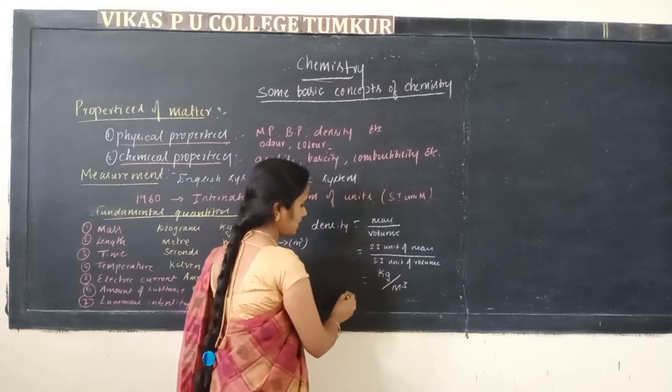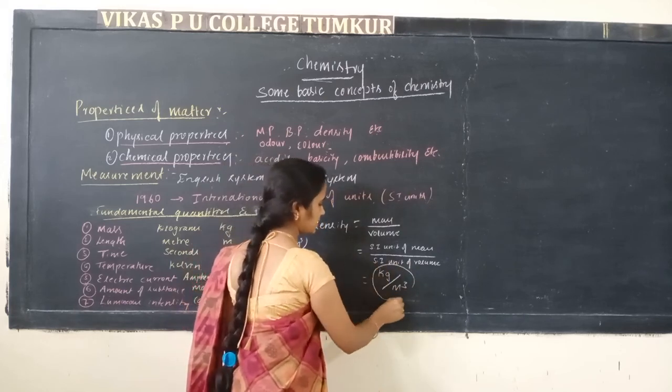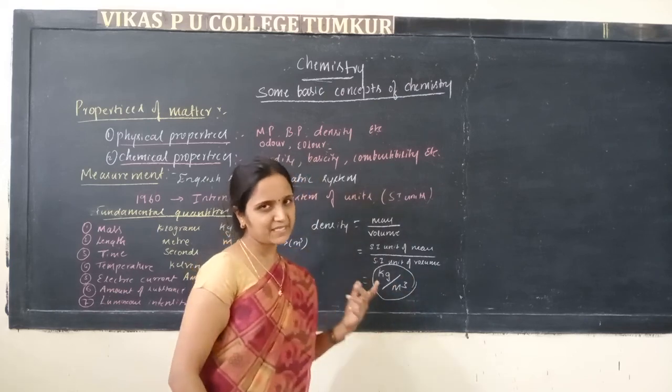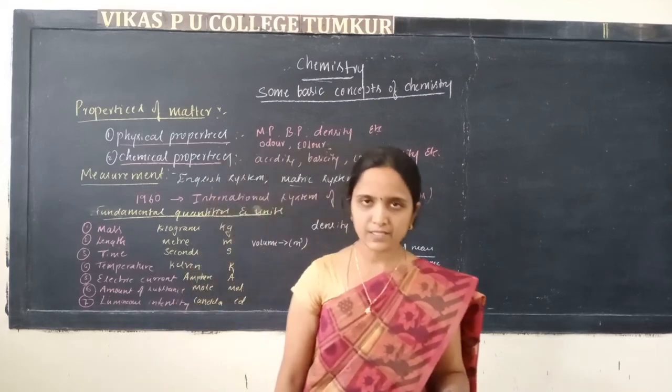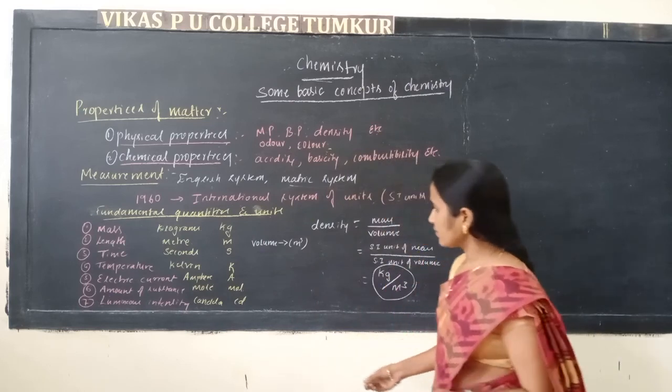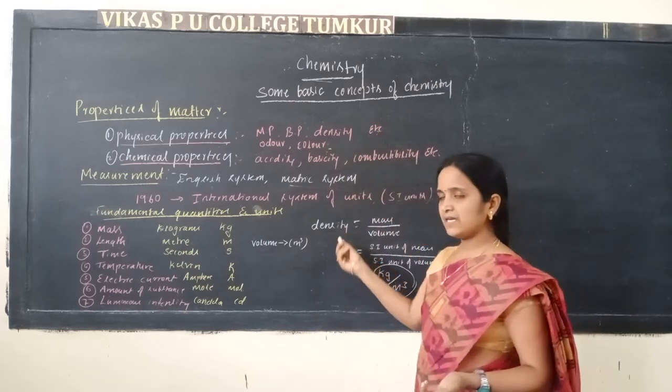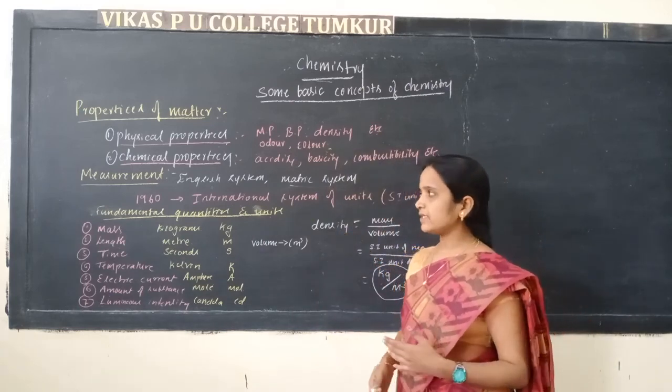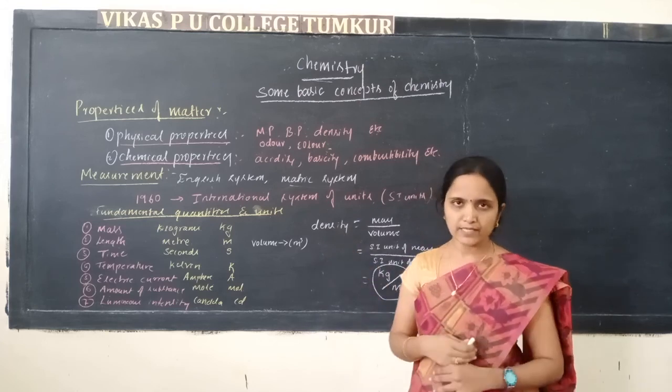Therefore, the SI unit of density is kg per meter cube. This we call a derived quantity.